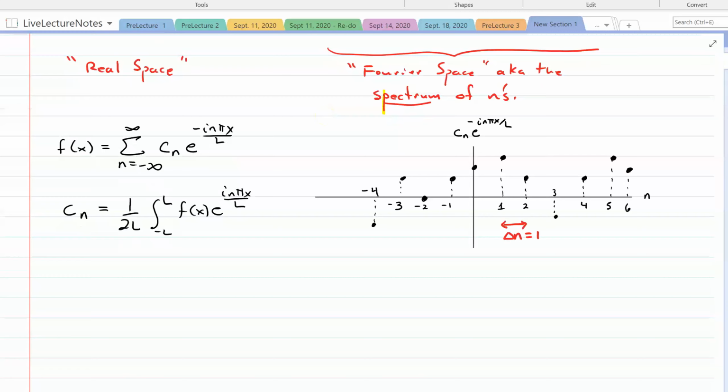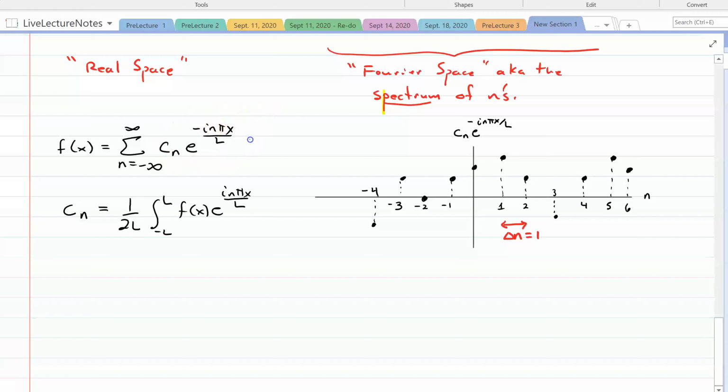What I'm graphing here on the right is, as a function of n, on this axis c_n times e to the minus i n pi x over L. For every value of n, whatever those c_n's are, I just plot a point, for n equals 1. If I know what c_1 is, then I take c_1, multiply by e to the i pi x over L, and put a dot there. And then I do the same thing for n equals 2, n equals 3, n equals 4, etc. I would end up with a bunch of these points, and the values of those points are just these things here.